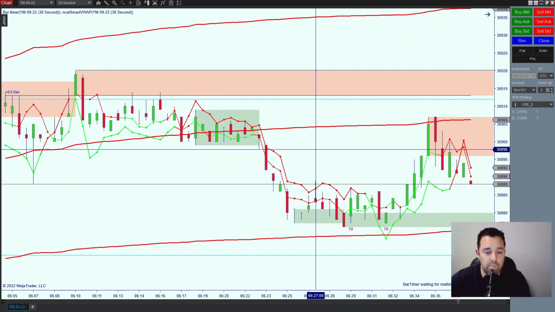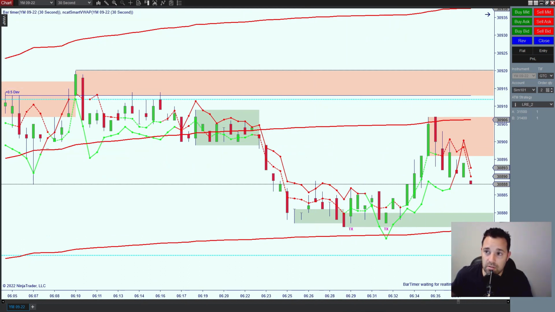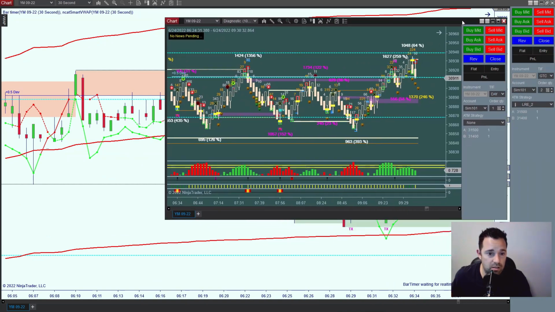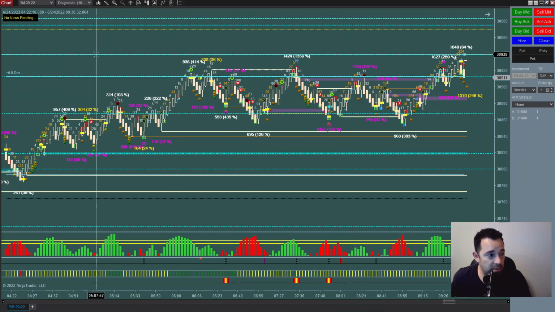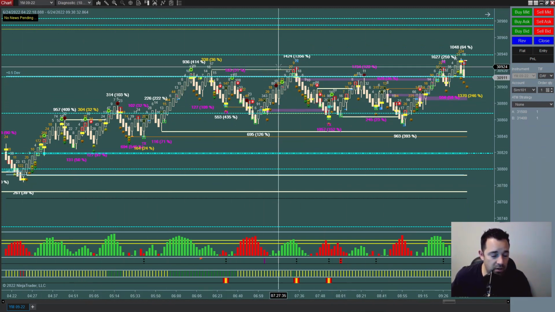That's the main thing. To take LREs or simplicity trades, you do need to know how to read the sniper charts. What are the sniper charts? Let me grab this one here. This is a 10 tick sniper chart. I'm going to go over YM today, and I'll explain why in a minute. But you have to learn how to read this.